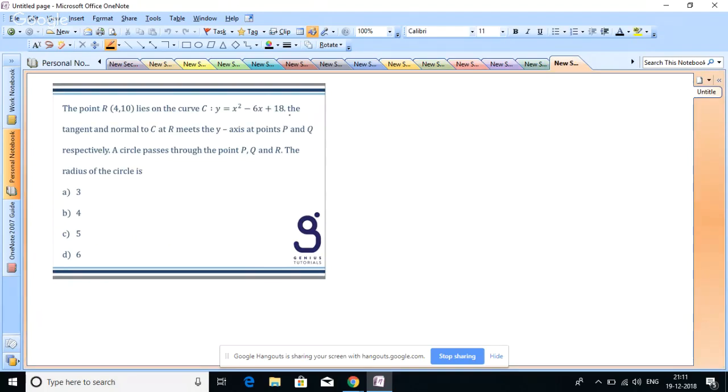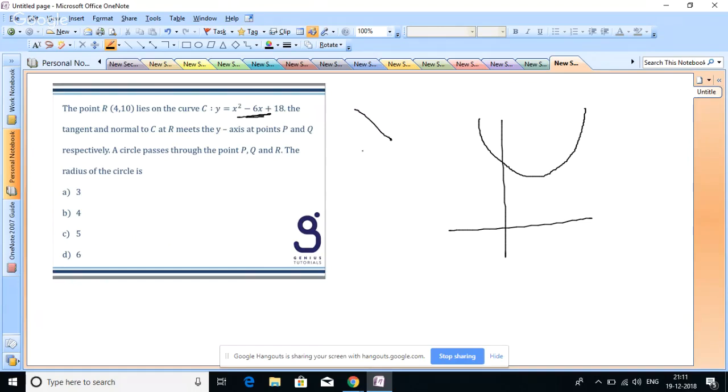In this case, the point R lies on this curve. This curve is a parabola like this, with the vertex somewhere above. Keep one thing in your mind: the angle between the tangent and the normal is 90 degrees. So if I draw the tangent at some point R and the normal, this angle is 90 degrees.